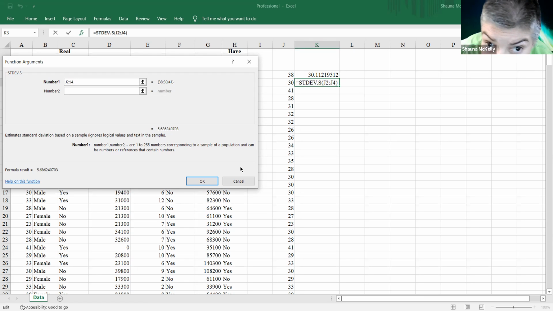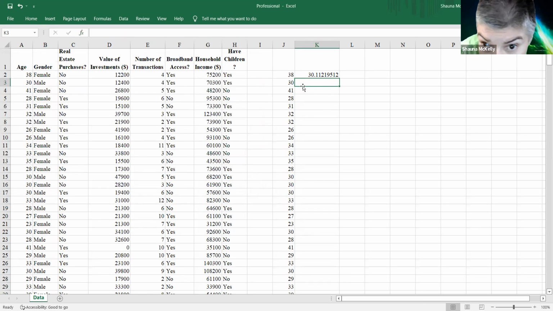So this is going to equal J2 to, so this is going to be the same thing, but make sure you're using standard, okay.